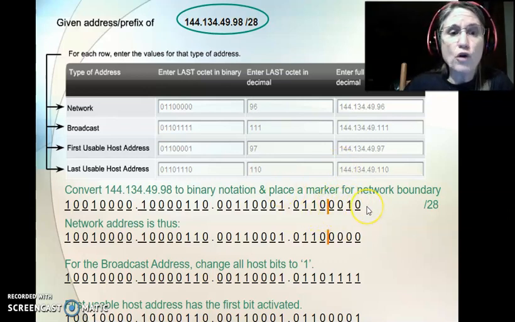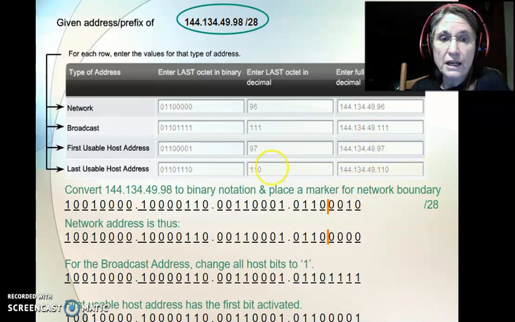If those 4 bits are all 0, that is the name of the network itself. So that is this address here. If all those last 4 bits are 1s, that represents the broadcast address.